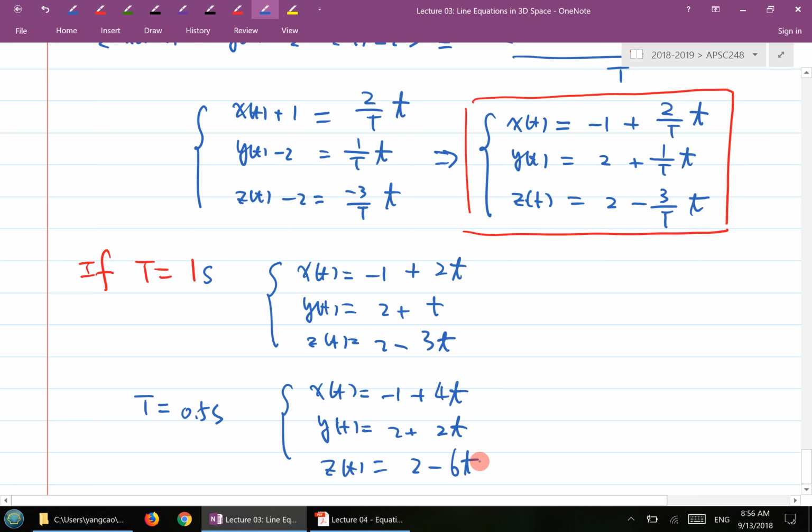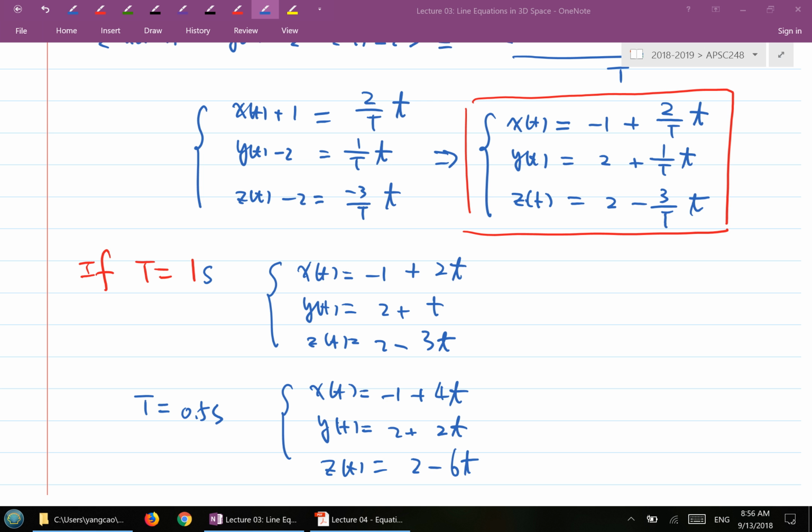So if I give different numbers to the t, I get two completely different parametric equations, right? This is basically what I want to show you here. However, both of the parametric equations describe the same line.